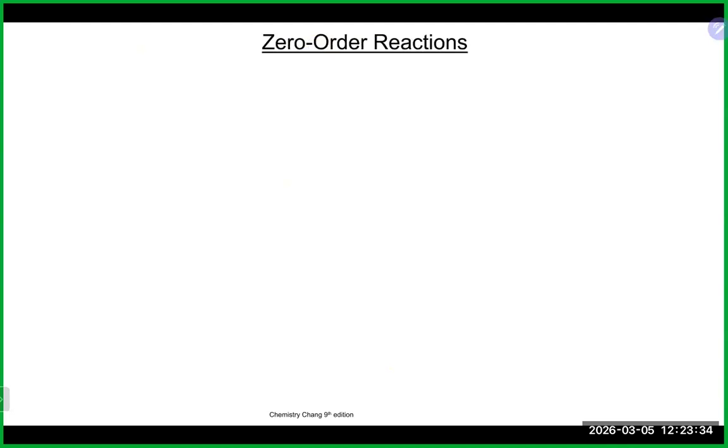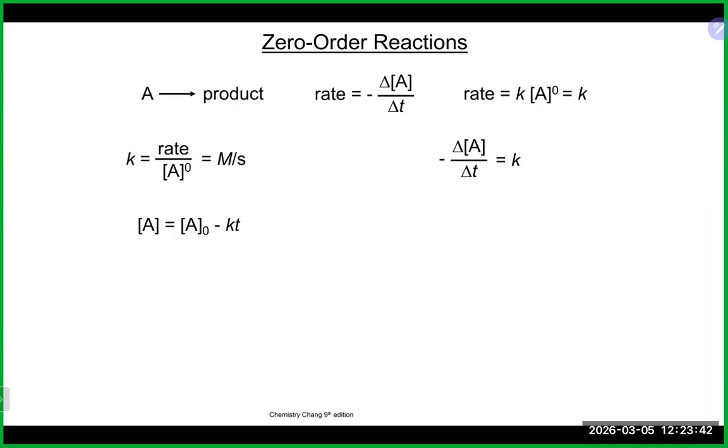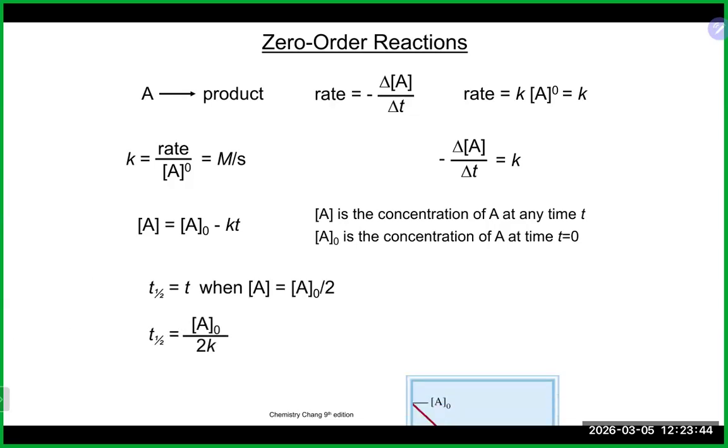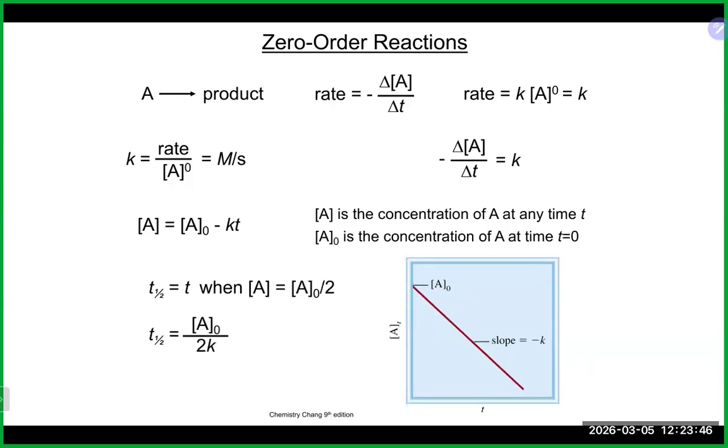Looking at the next order reaction, the last one that you'll really be responsible for and most commonly found, are zero order reactions. Zero order reactions are also a little bit different in terms of the formulas we use.